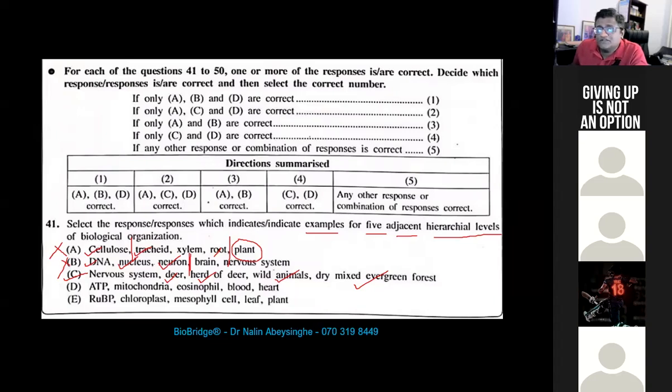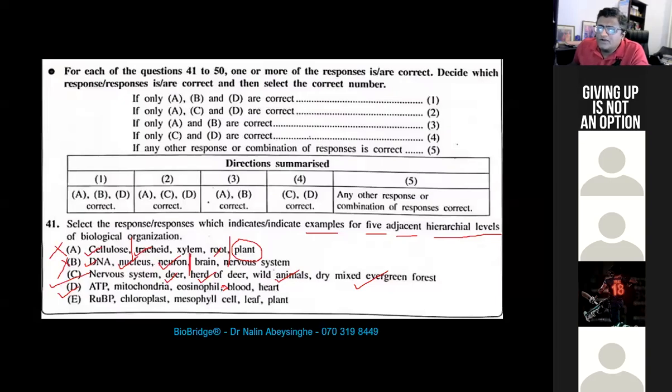It's an accumulation of various types of cells. It's called a tissue. It's the next level of your hierarchy, right? And tissues get together and form organs. So heart is an organ. So these are all linked together. They are adjacent levels of the hierarchical system. This can be taken as well. C and D, right?